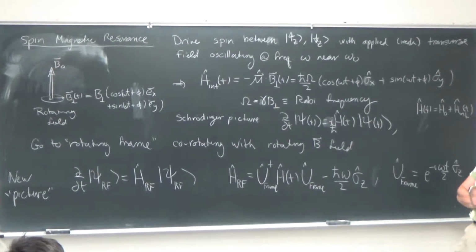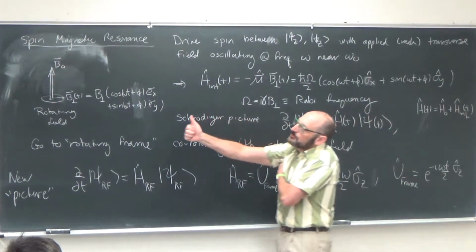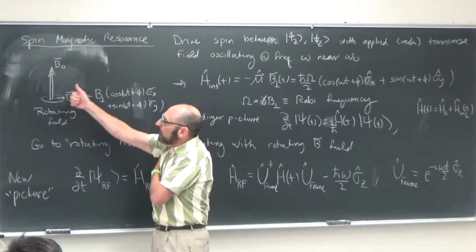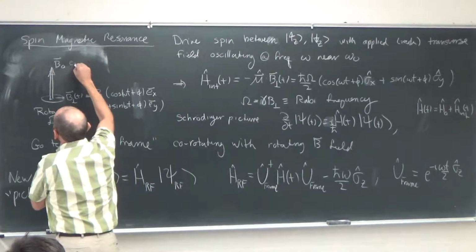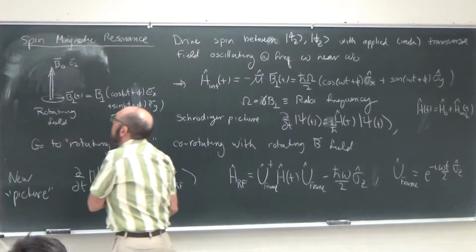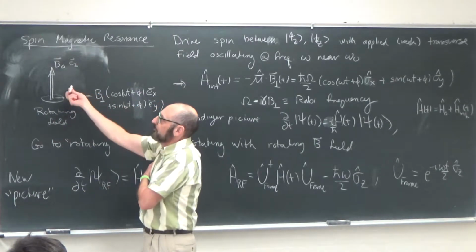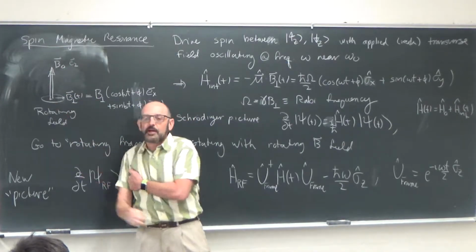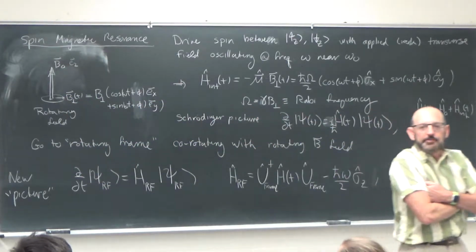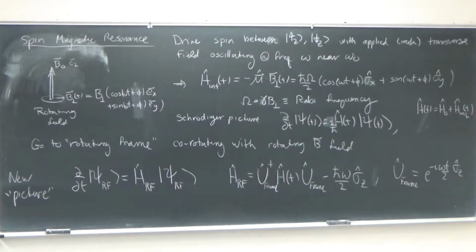So the idea is that you have your system in a strong magnetic field. We're going to call that the z direction. And then we want to flip spin between up and down by applying some magnetic field transverse to that, oscillating near to the resonance frequency.